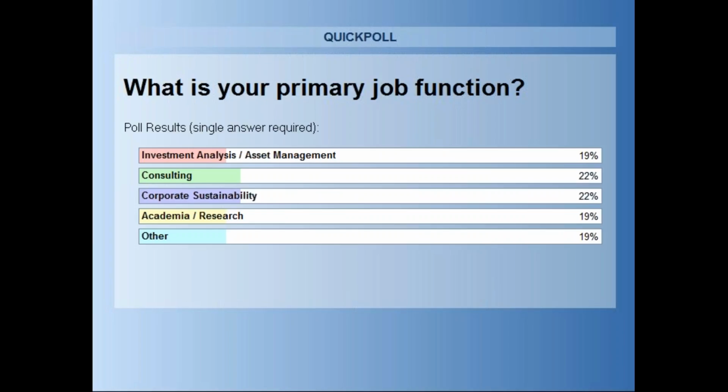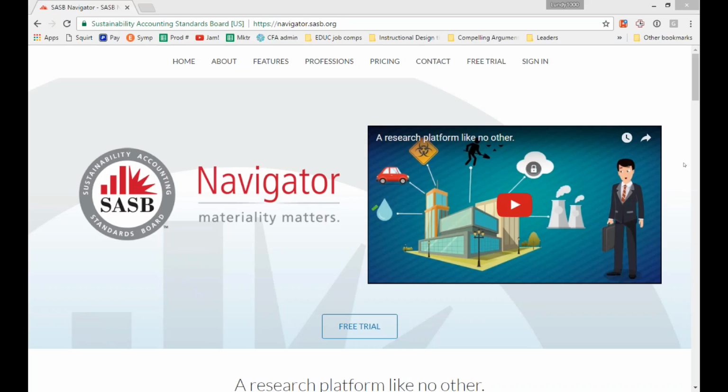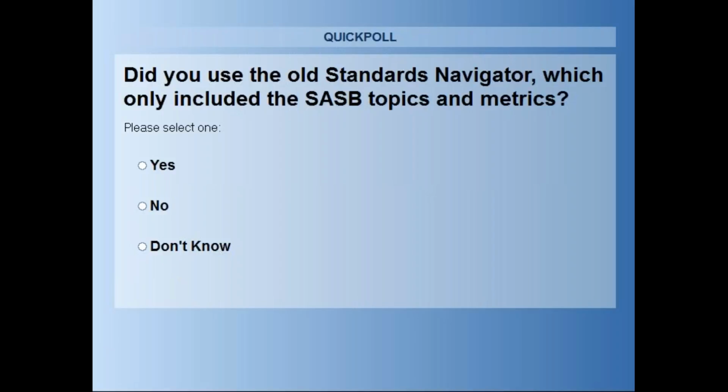Let's do 2 more polls just really quickly. So this one is, did you use the old Standards Navigator? And that had just the SASB topics and metrics. Go ahead and weigh in, and we'll take a look so that we know whether or not to cover those features or not.